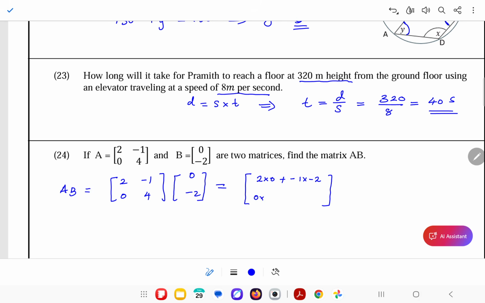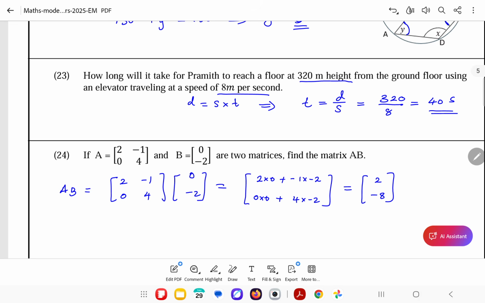Second term 0 into 0 plus 4 into minus 2. So now simplify. 0 plus 2, so 2, 0 plus minus 8, minus 8, right? So that's the AB matrix, 2 minus 8.